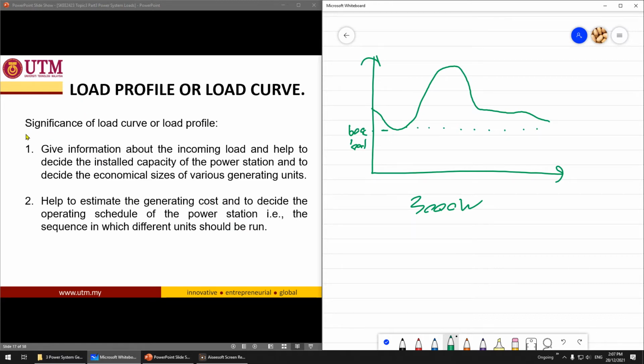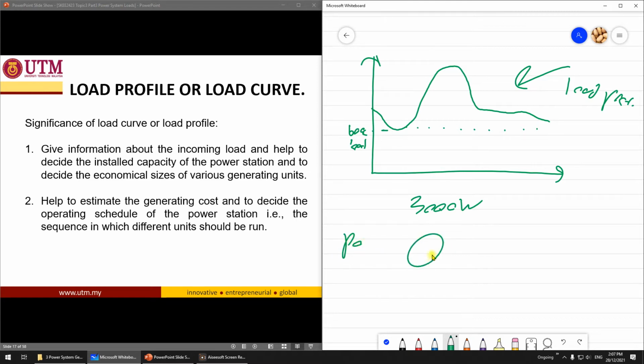Next is the significance of the load curve or load profile. The significance is that it gives information about the incoming load and helps to decide the installed capacity of the power station and to decide the economic size for various generation units. So when you have the load profile here, it is easier to design the power station.